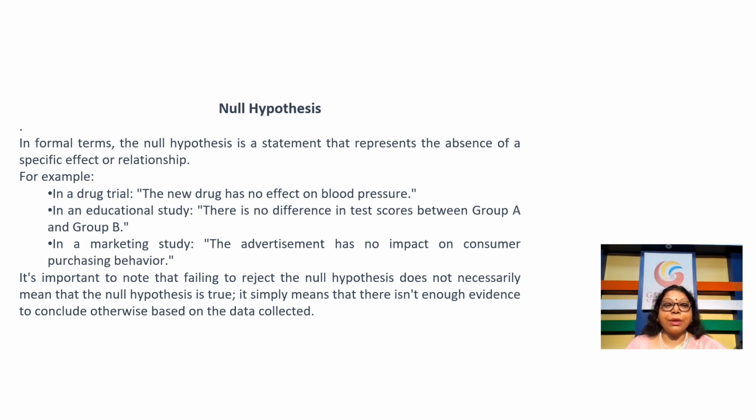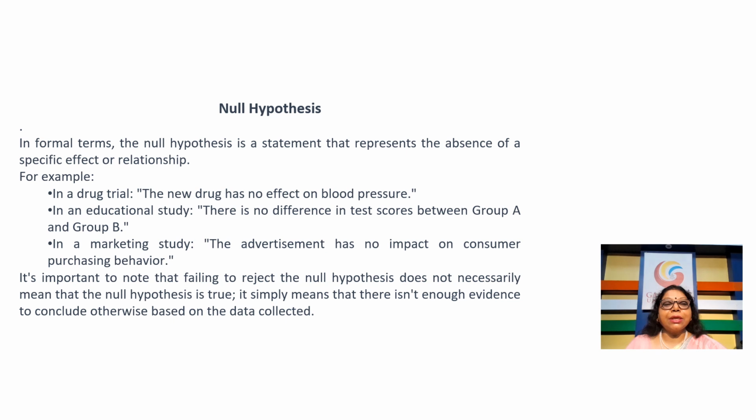Suppose we are doing a study in education, we can say that there is no difference in the test scores between group A and group B. But our alternate hypothesis can say that there is a significant difference in the test scores between group A and B. Suppose we are doing a marketing study, we can say that the advertisement has no impact on consumer purchasing behavior, while we want to prove that advertisement has significant impact on the consumer purchasing behavior.